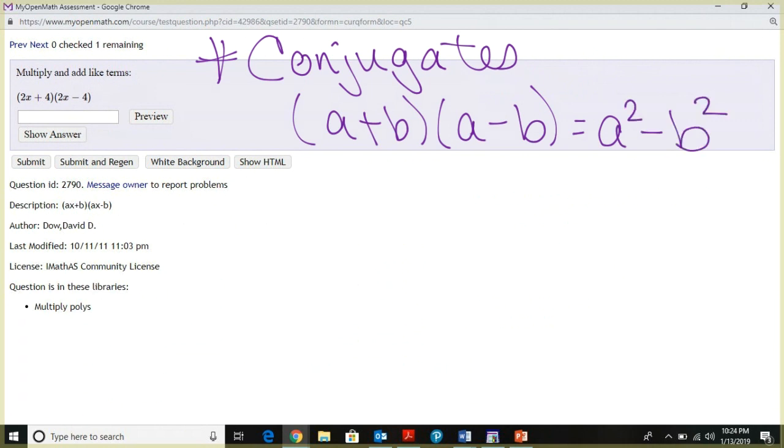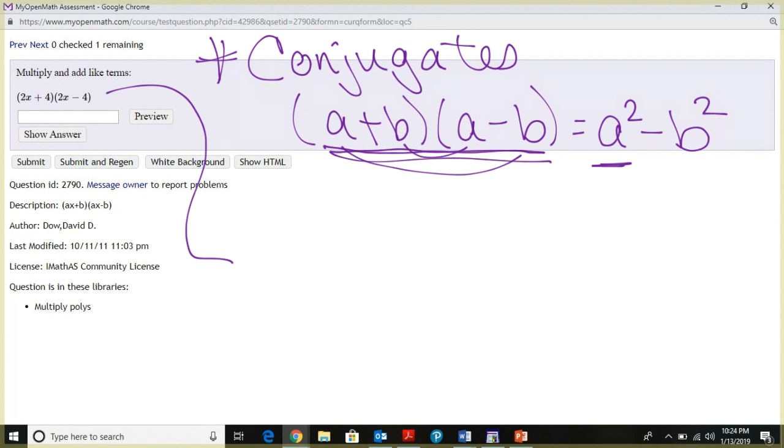Notice that the outer would be negative AB and the inner would be positive AB. So the outer and the inner always cancel out. When you multiply conjugates together, it's really just the first one squared minus the second one squared.